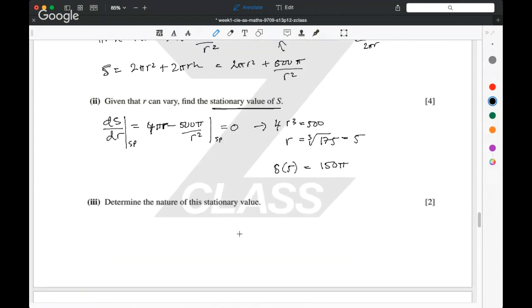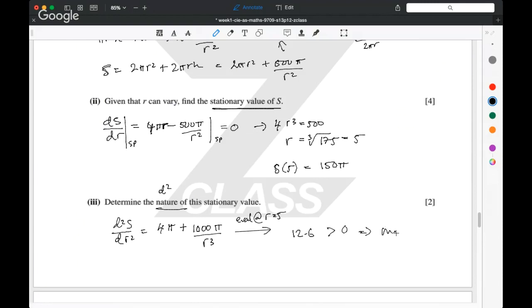Now they want the nature of the stationary value. So this means the second derivative. So d squared s dr squared is equal to 4 pi plus 2 times 500, which is 1000 pi over r cubed. And if you evaluate at r is equal to 5, you get that this is equal to like 12.6, which is greater than 0.